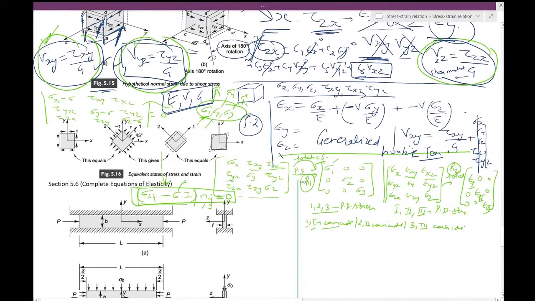Okay, now there is one more piece of information which the isotropy of the material can give, and that's what we would discuss now. So far in developing the stress strain equations, we have only made use of the fact that the properties of the material are the same in three orthogonal directions x, y and z.